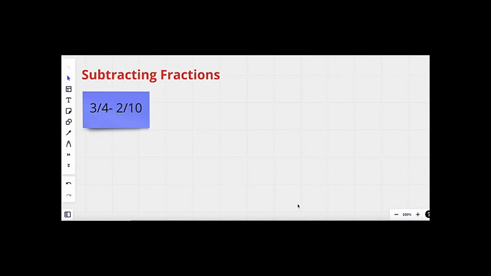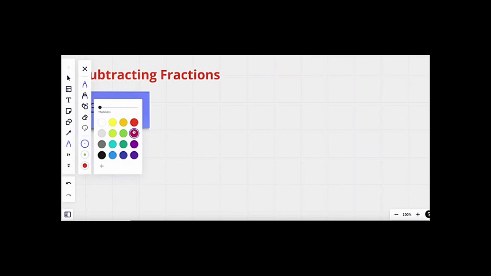So we said the first thing we're going to look at is, do we have the same denominator? And in this case, we notice, no, we don't have the same denominator. That means our first step will be to make these fractions both have the same denominator. So let's work with that one. So let me just get my little pen here.